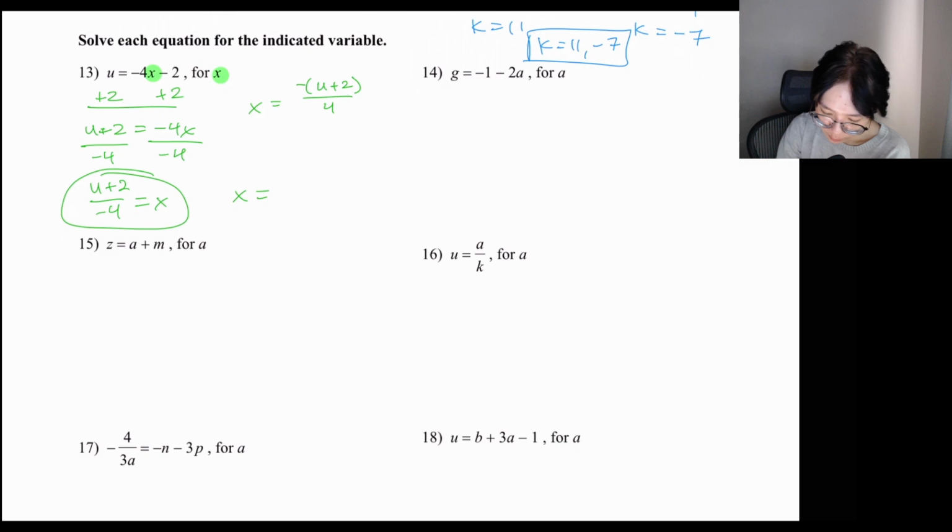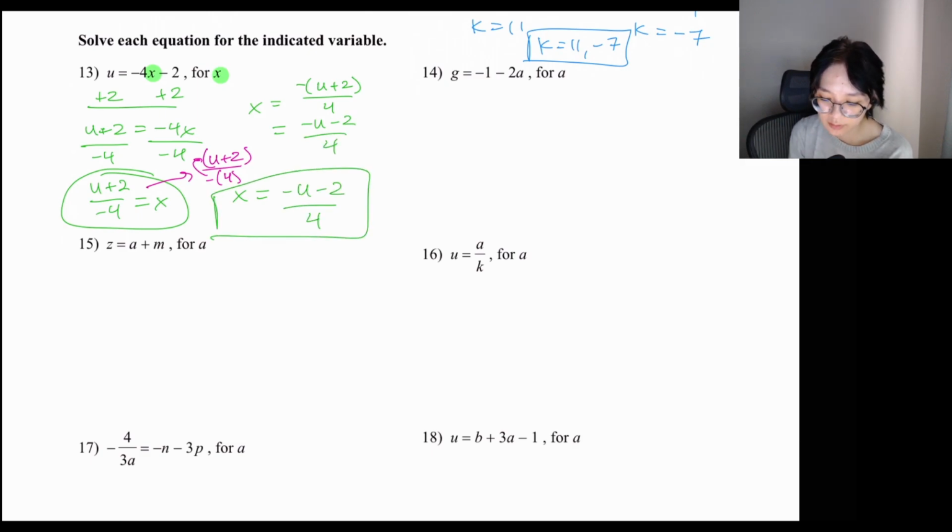Because this is the same thing as u plus 2 over negative 4. So you're just doing the same thing, just moving it up here. And that's going to equal negative u minus 2 over 4. So the perfect answer is this, but I'll accept the other if you really want to.